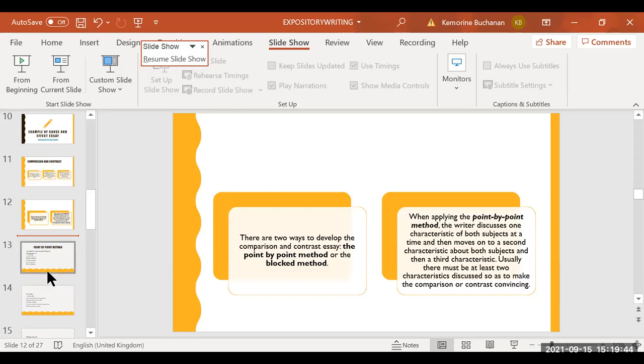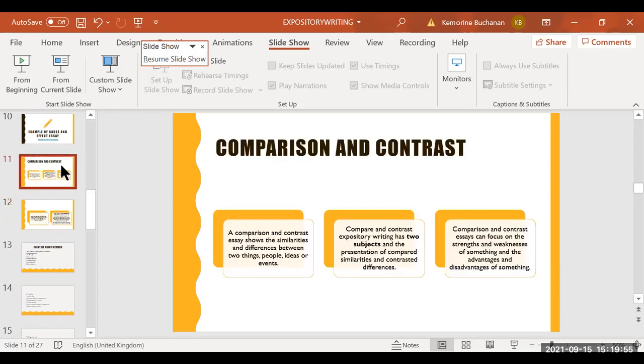All right, so when we're talking about comparison and contrast, we're showing the similarities, we're showing the differences, right? We can show the advantages, we can show the disadvantages. So we're showing the good and the bad, the pros and the cons in any given situation.